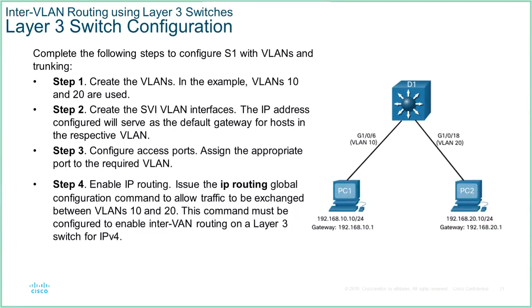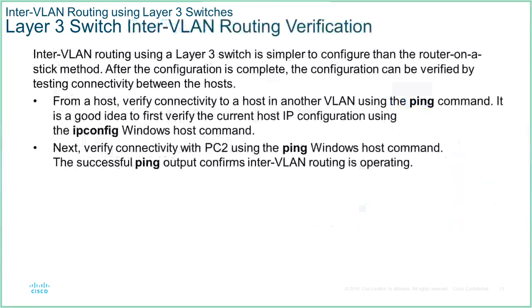And this is the crucial step here to enable our inter-VLAN routing, is we need to turn IP routing on. That's all we need, IP routing in the global config, and that tells the switch to turn on that route processor and do routing functions. So from there, after that's done, you should be able to ping between your hosts through that switch.